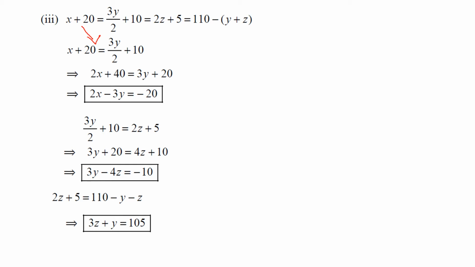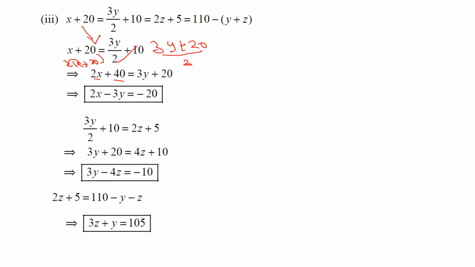Here you cross multiply, you get 3y plus 20 by 2. After that, the divide by 2 will go to the left and come as multiply. So 2 into x plus 20: 2 into x is 2x, 2 into 20 is 40. So 2x plus 40 equal to 3y plus 20.